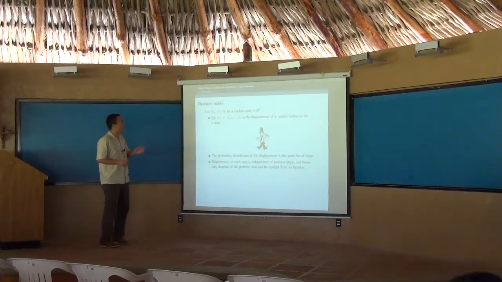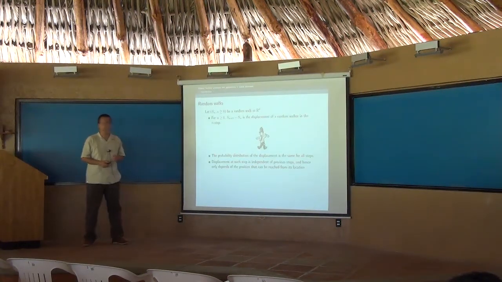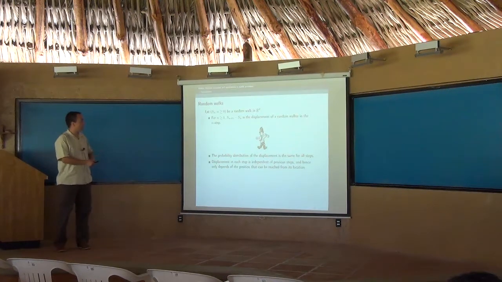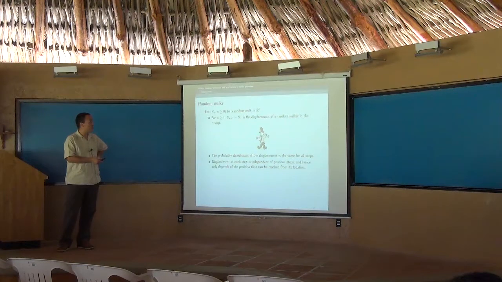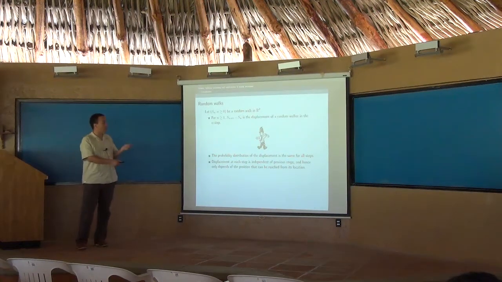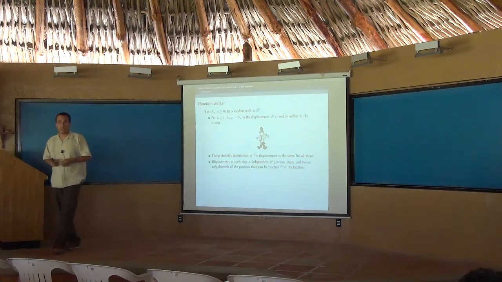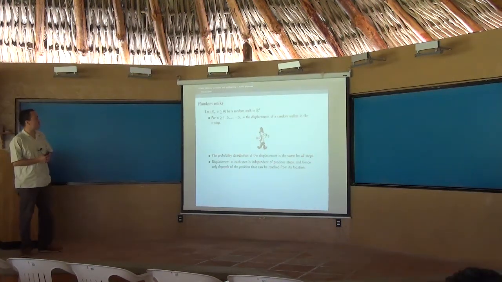Okay, so let's start with the simplest object, a random walk, let's say in R^d. This is usually understood as the displacement of a random walker somewhere. We can think also of a drunk guy that is walking, and because he's drunk, he has a loss of memory property.